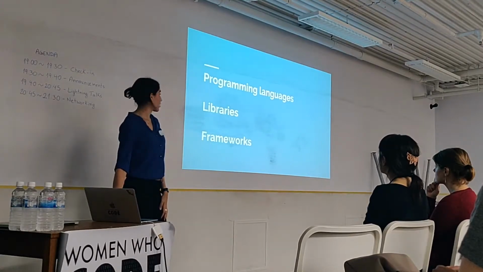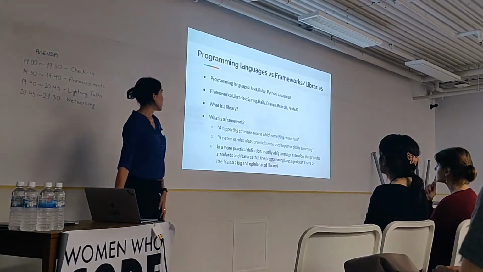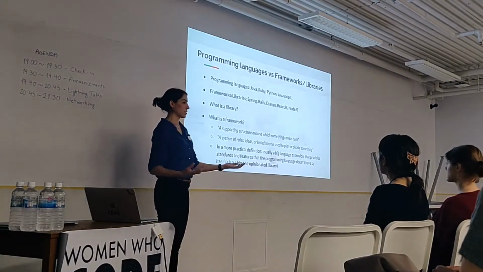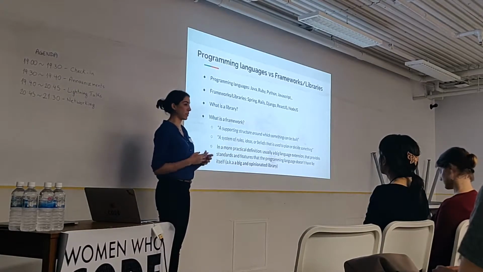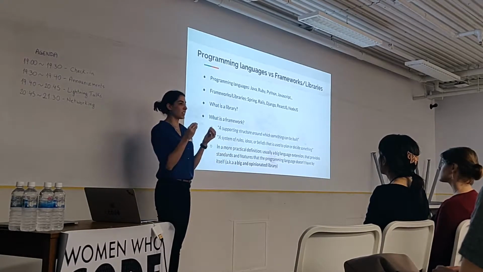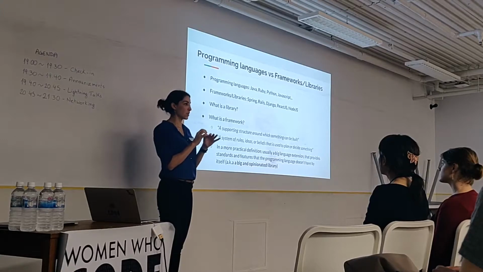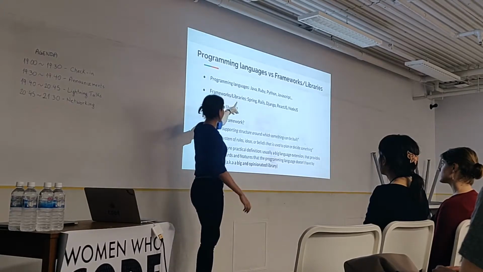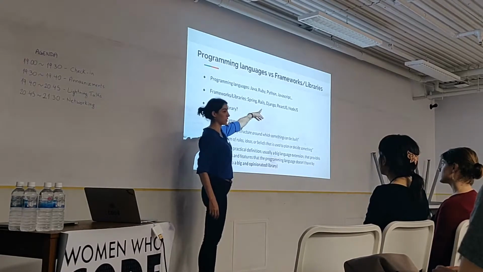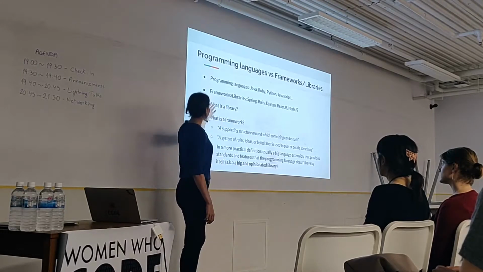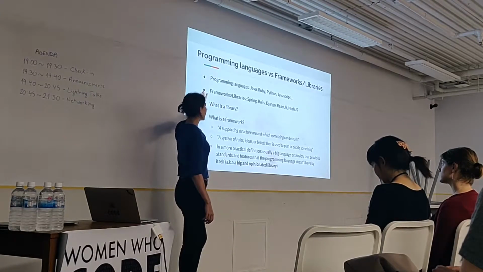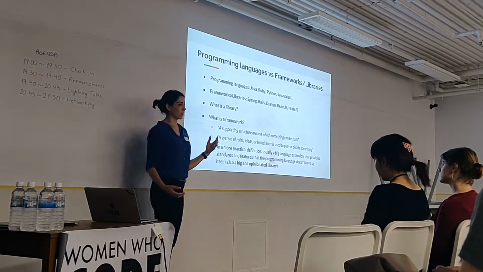Programming languages, libraries, and frameworks. So programming languages you might be familiar with, those things that you go and type, the instructions that you need. Something like Java, Ruby, Python, JavaScript, and then frameworks or libraries. What exactly is a library or a framework?